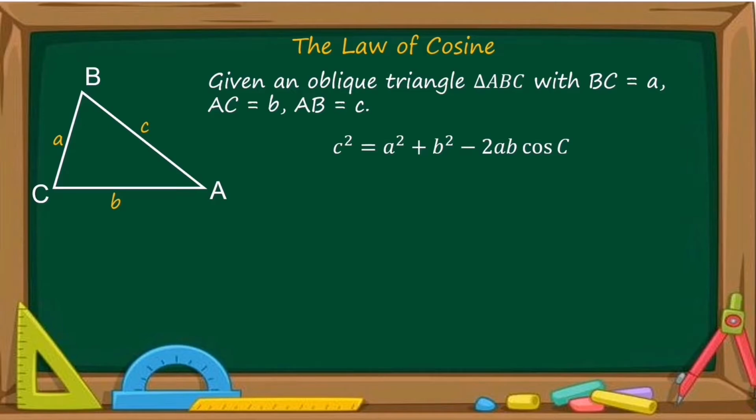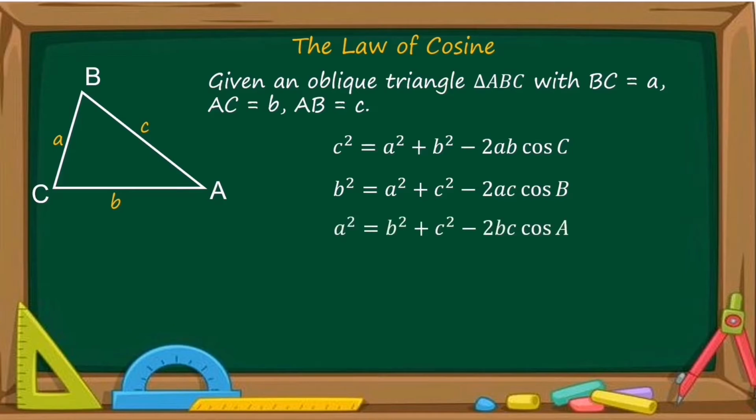This is the formula to be used if we're looking for the measure of angle C or its opposite side. Next, we have also b squared is equal to a squared plus c squared minus 2ac times cosine B. This is the formula to be used if we're looking for the measure of angle B or its opposite side.